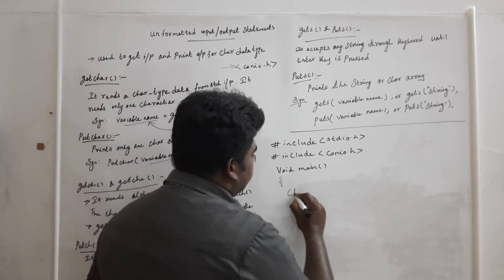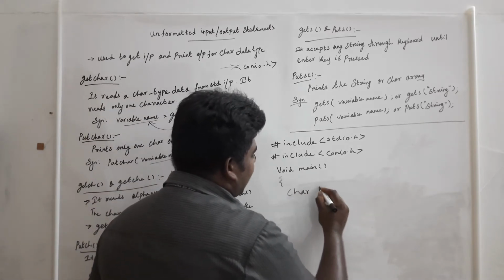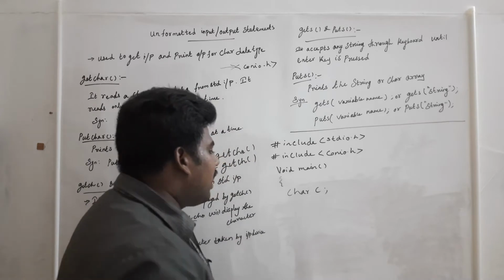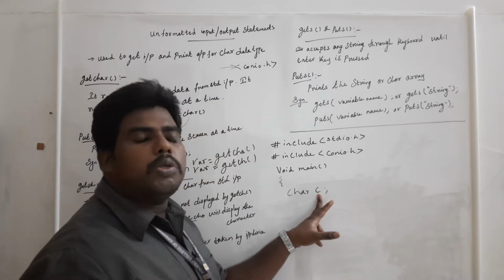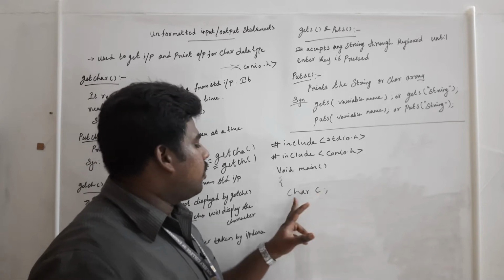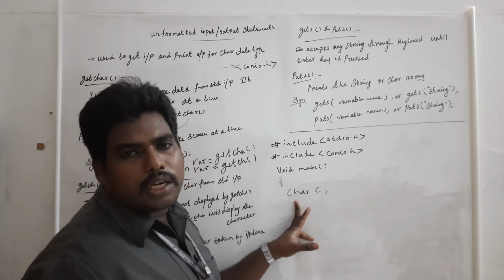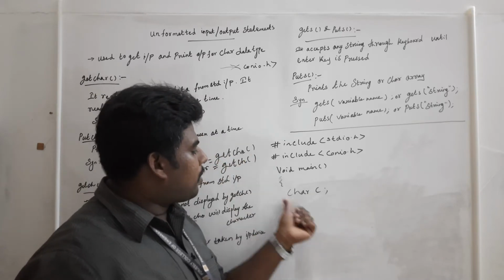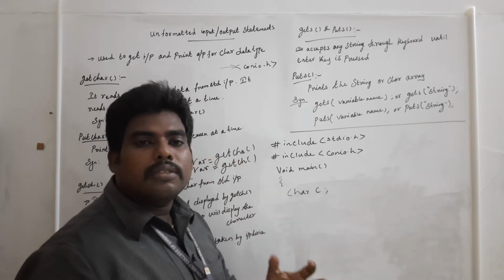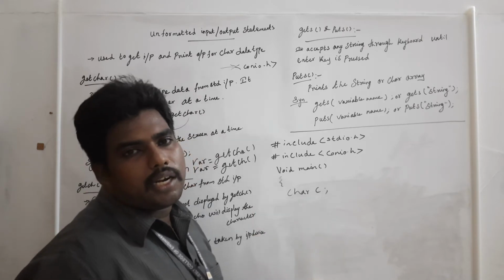Then I declare a variable. I am telling the compiler I am going to use a variable named C which belongs to character data type. Why am I using the character data type? Because your unformatted statement is used for only the character data type.